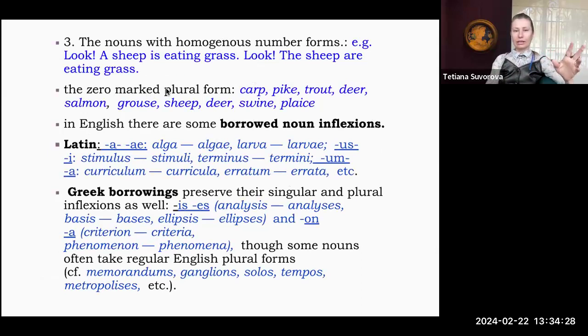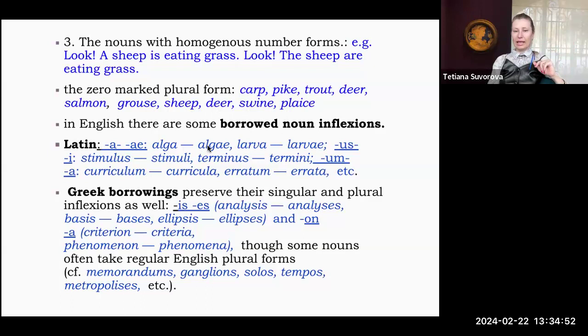Okay, some nouns don't have plural s, they just have singular and plural the same. Carp, pike, trout, salmon, grouse, sheep, deer, swine, plaice, and so on. And some Latin and Greek, that's really not too many, okay, compared to the Ukrainian language.